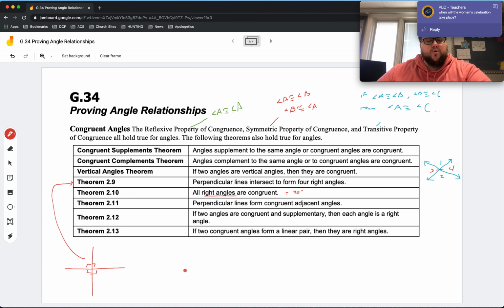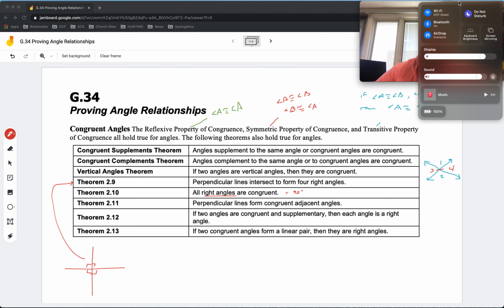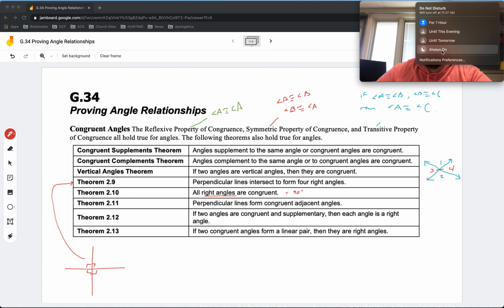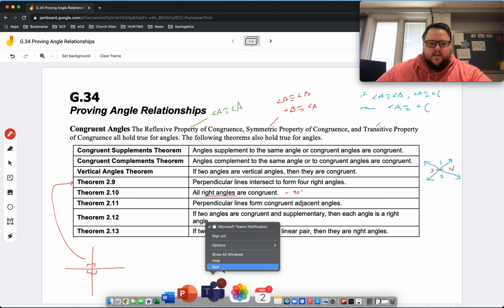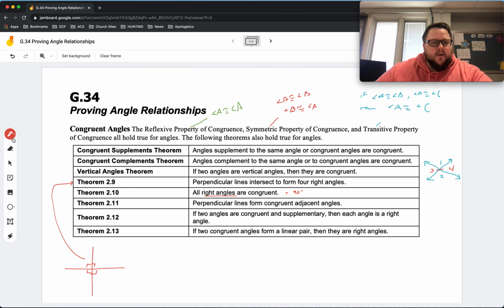Theorem 2.11, perpendicular lines form congruent adjacent angles. So if we have two lines, all right, we have two lines. Our first line is here, and then our second line is perpendicular, so we'll draw it here.